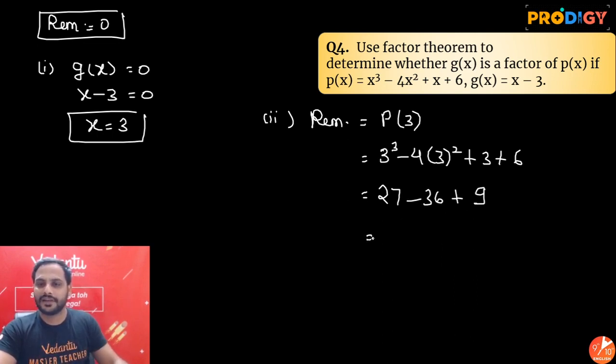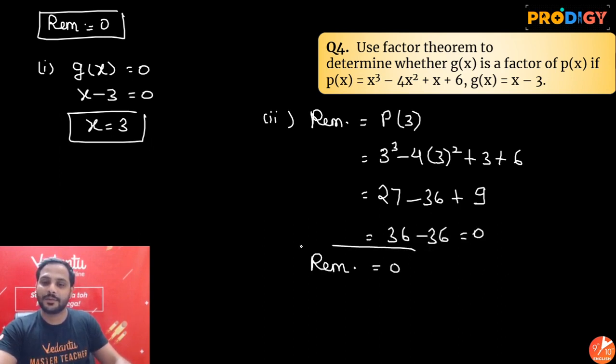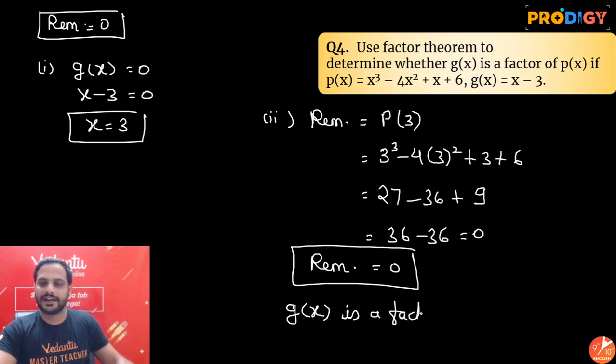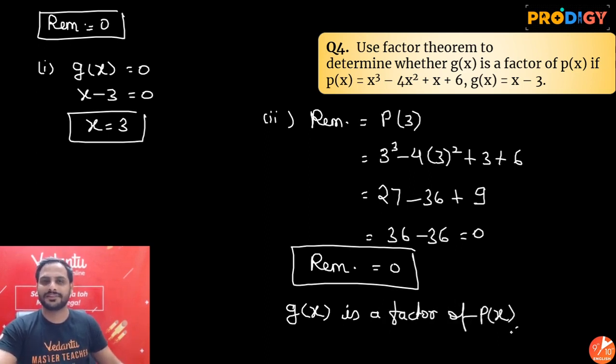So 27 plus 9 is 36, minus 36, which is equal to 0. And since the remainder is equal to 0, that means g(x) is a factor of p(x). As simple as that. Easy question, right?